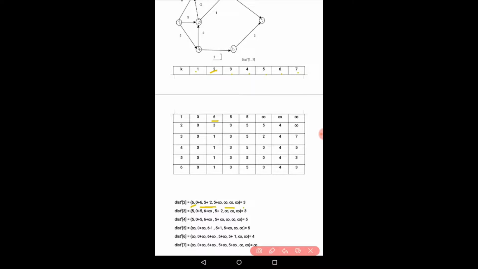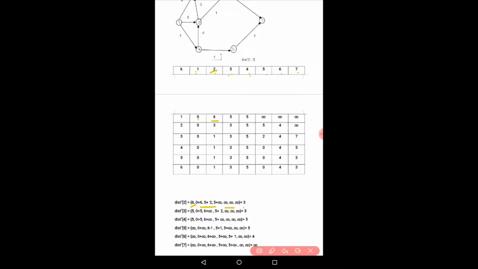How we will write this distance value is, for each vertex, we write their previous value plus the distance to the current node. Like that we will write. For 2, the remaining vertices are 1, 3, 4, 5, 6, 7.